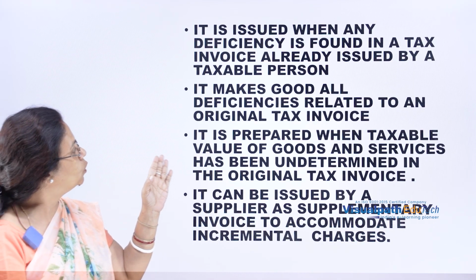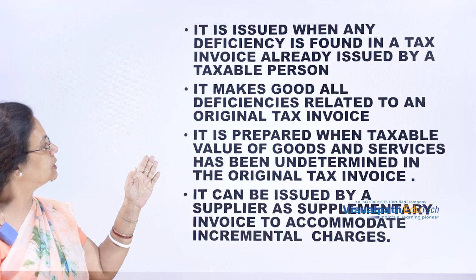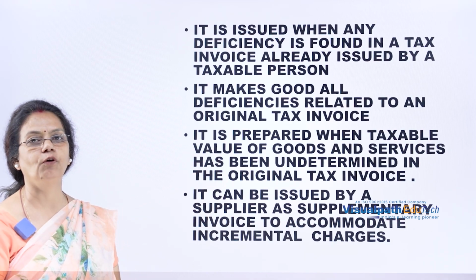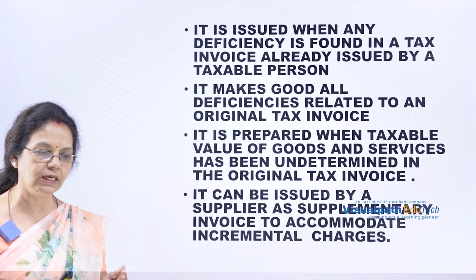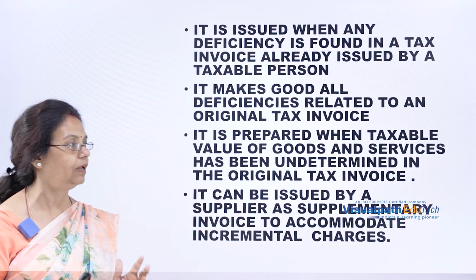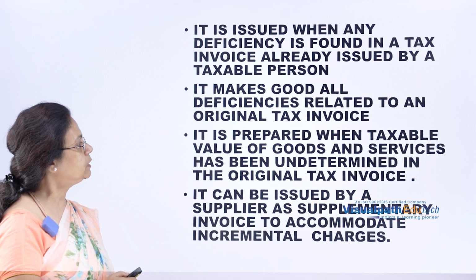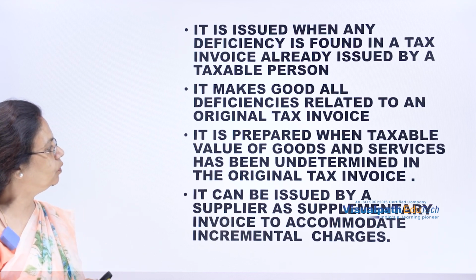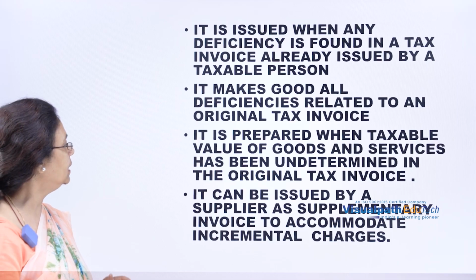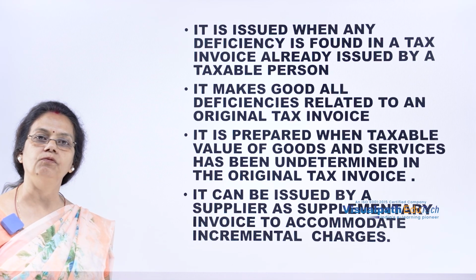It makes good all deficiencies related to an original tax invoice. So it includes all the deficiencies which are there in the original tax invoice. It is prepared when the taxable value of goods and services has been undetermined in the original tax invoice.